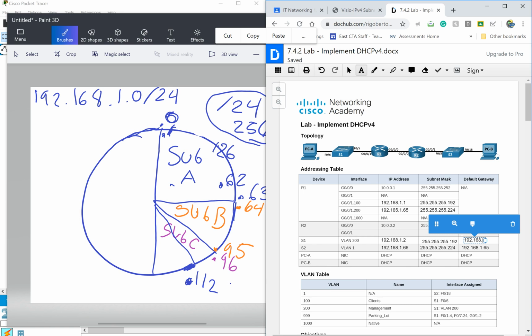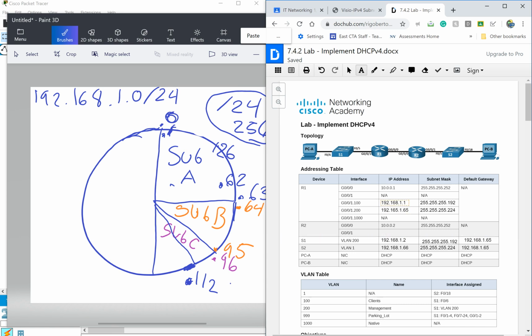So tentatively, I'm going to do 1.65, because even though S1 is going to this interface, it does not mean that it has to follow that G0/0/1.100 subinterface. It's on the 200 VLAN, and this is the 200 VLAN. So everything in the 200 VLAN will have this subnet.